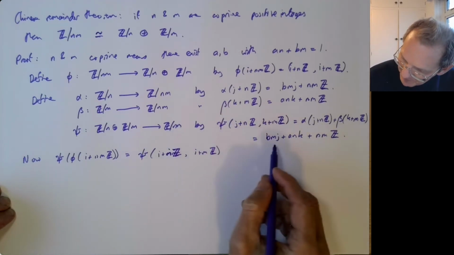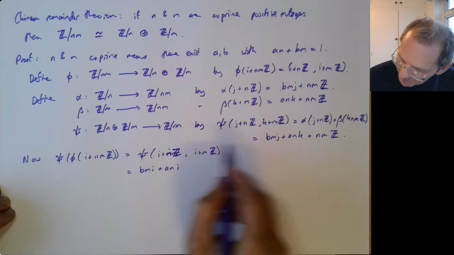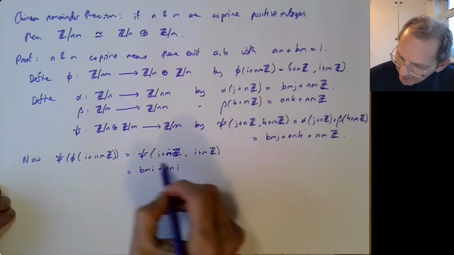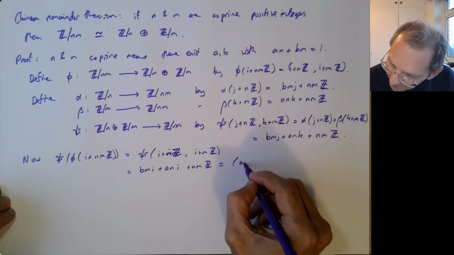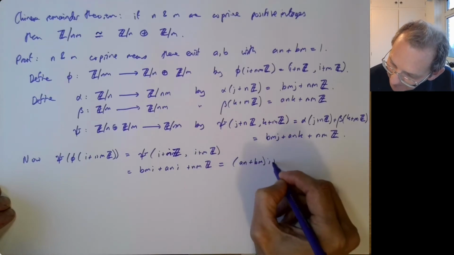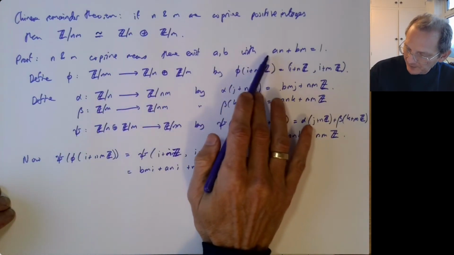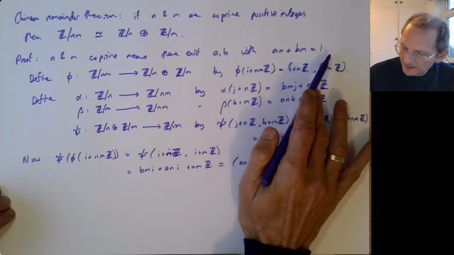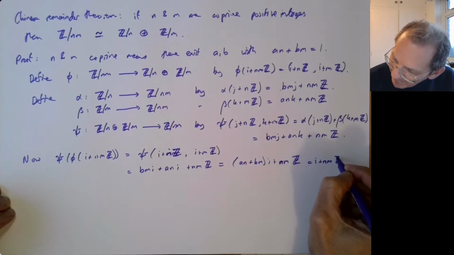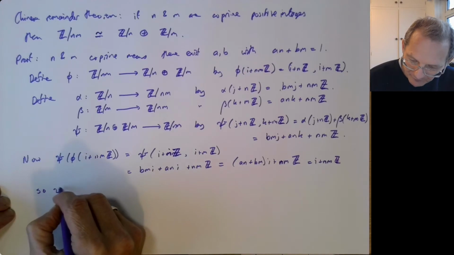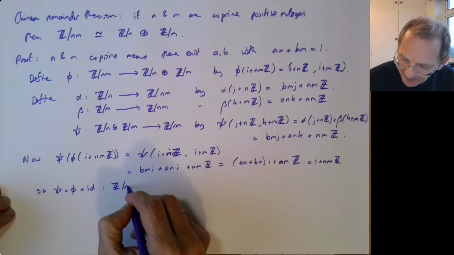And then filling in the definition of psi, this is bmi plus ani, because in this case your j and your k are both equal to I. That's an plus bm times I plus nmz. But an plus bm is equal to 1. So that's I plus nmz. So that means that psi composed with phi is the identity map from Z mod nm to itself.